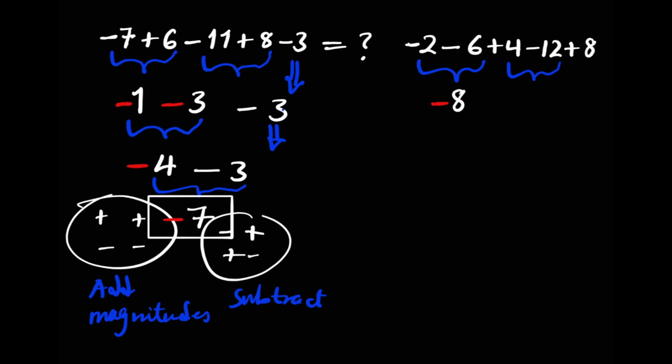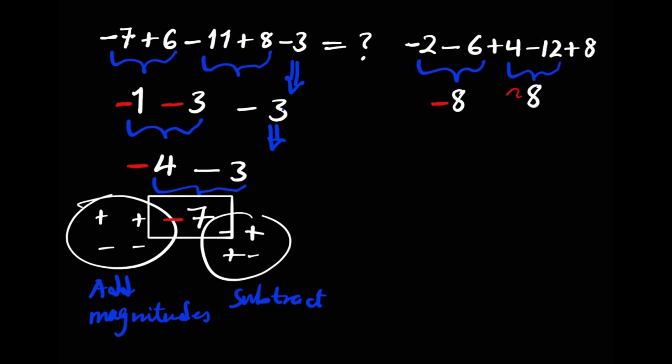In the second term, we have different signs. We have a plus 4 here, and then a -12. So when we have different signs, we subtract the magnitudes and then use the sign of the greater number, right? So 12 minus 4 is 8. That is right.